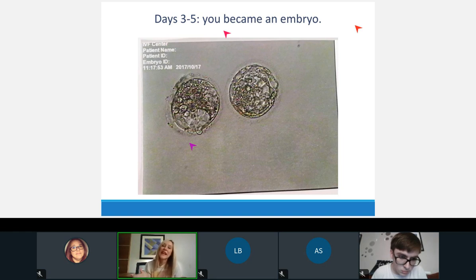And as you age, they have the ability to have some mutations or chromosomal disorders. It's also harder to become pregnant between the ages of 30 and up. So some women are actually going in and doing what I did and freezing their eggs so that they have a better chance of being able to have children later in life.